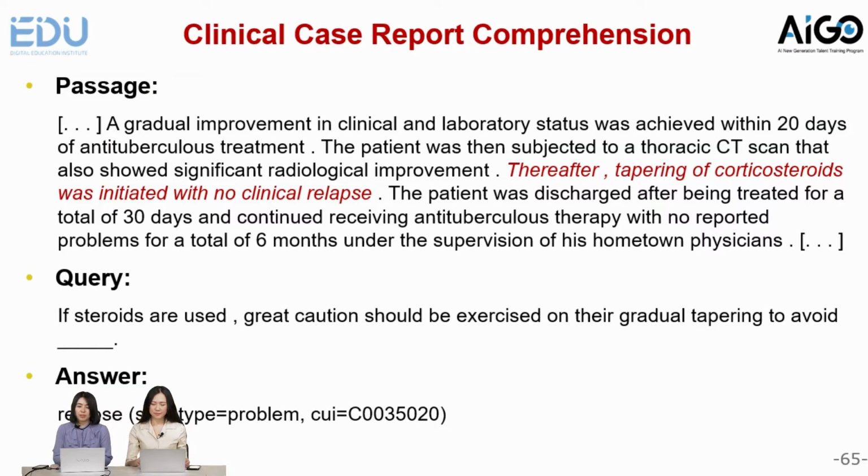For example, currently, because of coronavirus, there are so many clinical information or medical documents, like reports or paper publications about medical scenarios, and you can treat them as a lot of passages.